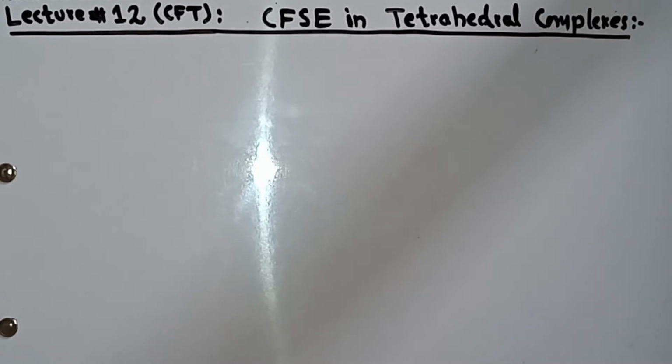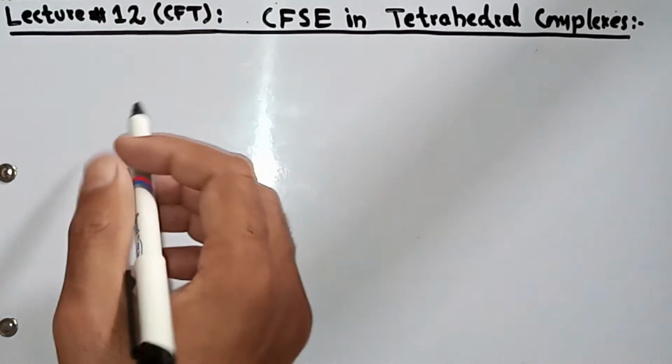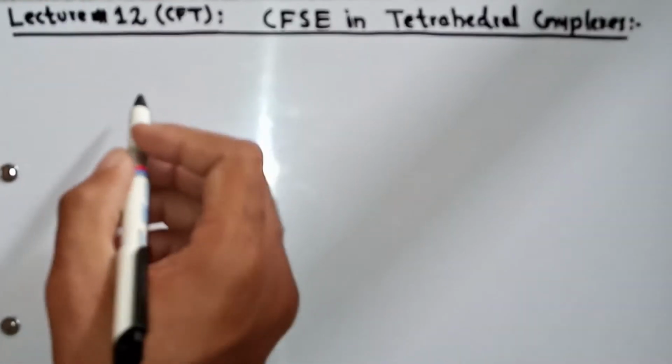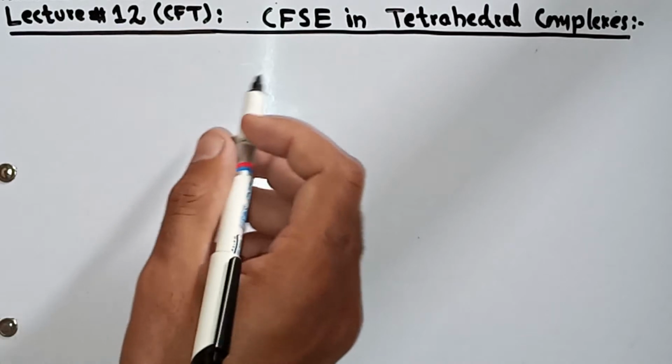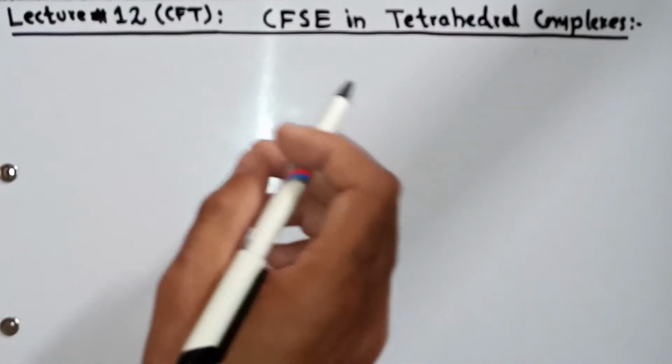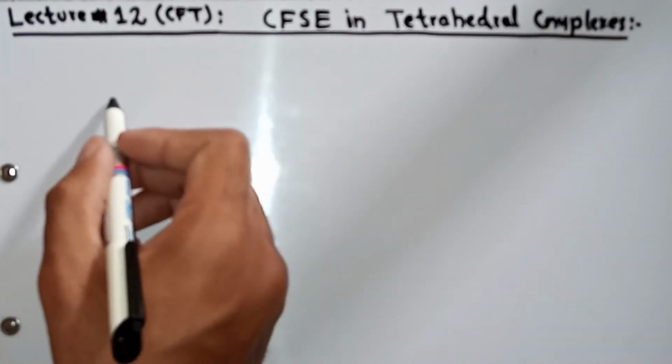In the previous two lectures I told you how splitting occurs in a tetrahedral complex. Today we will see how much a tetrahedral complex is stabilized by the splitting of the d orbitals.